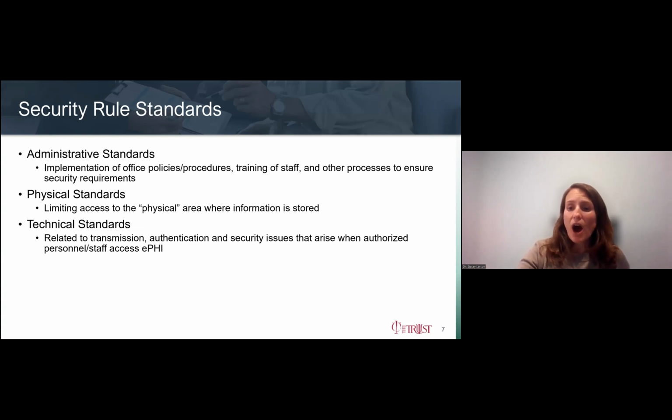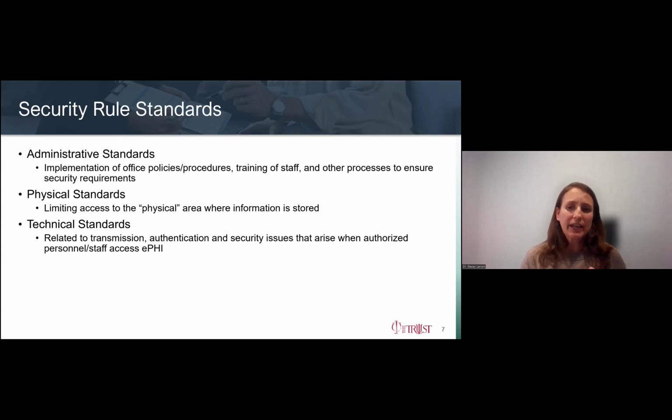So I'm going to walk through the 3 standards now and pick out some of the bigger parts of it in an attempt to explain how they apply to your practice. So administrative standards, that's the implementation of office policies, procedures, training of staff, processes to ensure security requirements.